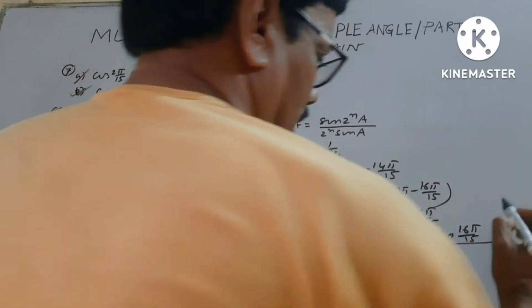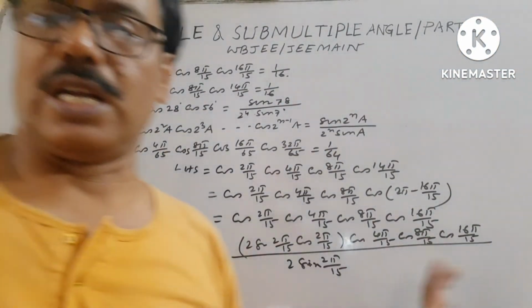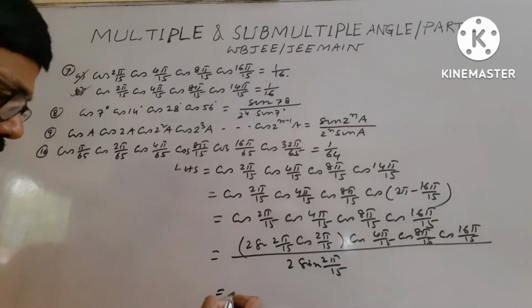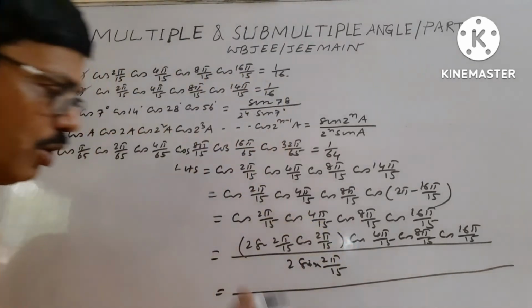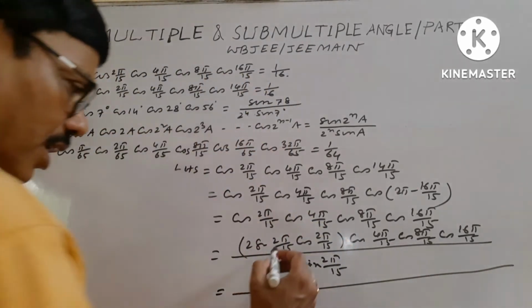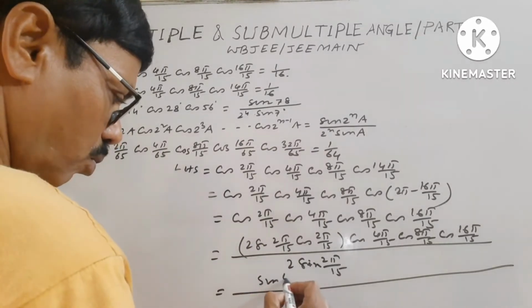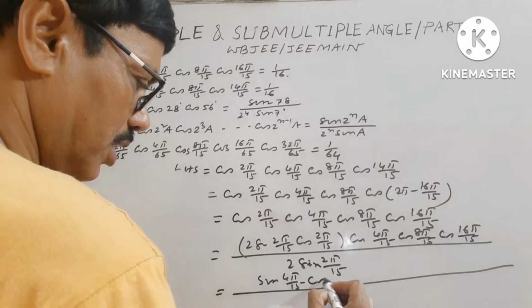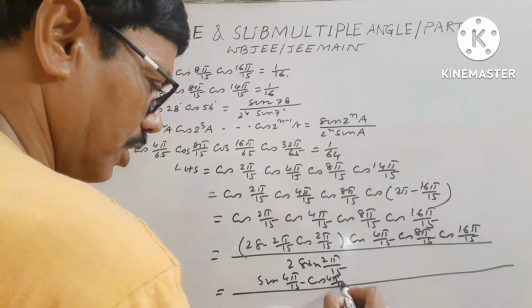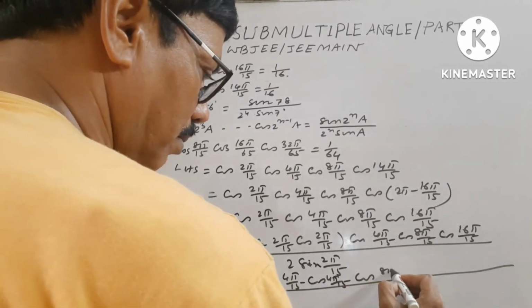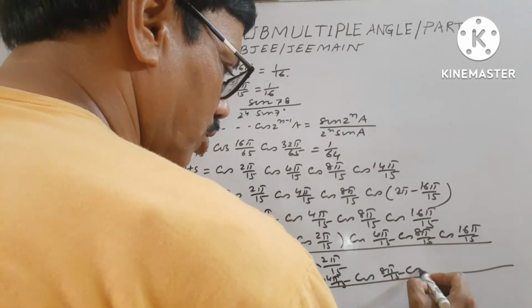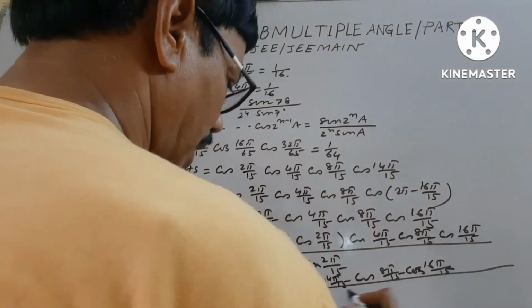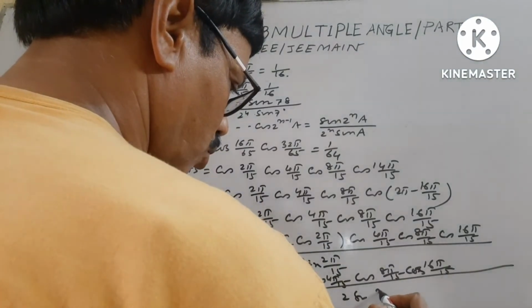Now, 2 sin a cos a gives sin 4 pi by 15. So we have sin 4 pi by 15, cos 8 pi by 15, cos 16 pi by 15 over 2 sin 2 pi by 15.